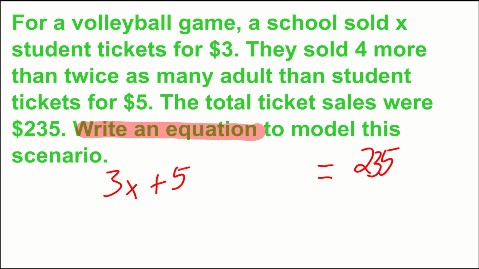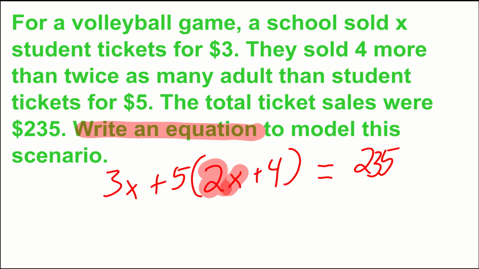How would we show that? Two x plus 4. And we would put that in parentheses just because that whole 5 gets multiplied by the whole thing. The twice as many gets us a 2x. That's 2 times the student tickets. And then it said 4 more, so then we're going to add 4 to it. And there's our equation.